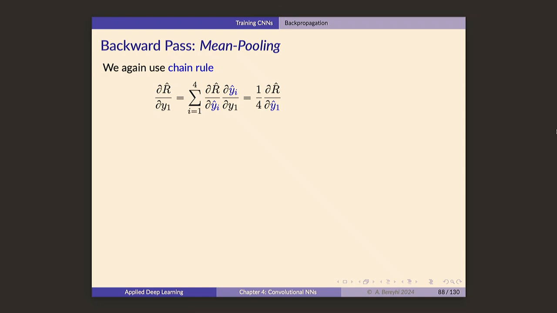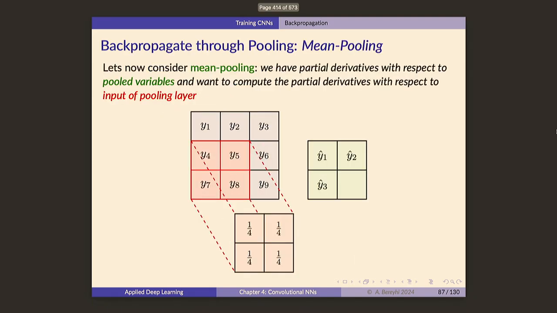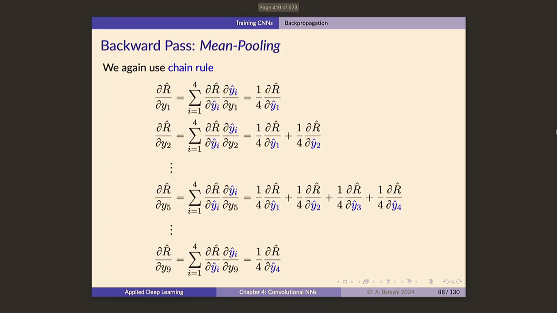And the derivative of y hat 1 with respect to y1 is simply 1 by 4, because y hat 1 was the average of y1, y2, y4, y5, correct? You remember that. Now, if we write it down for everybody, it's going to look like this.